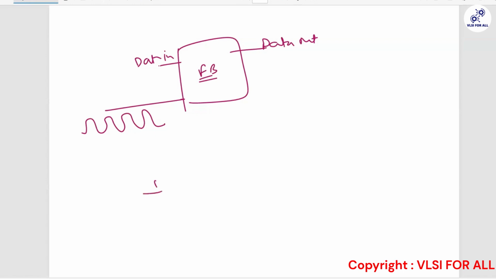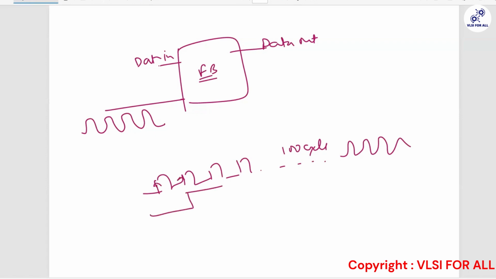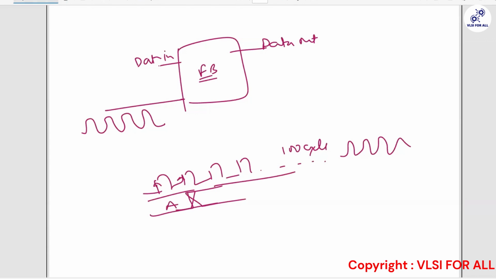So let's say I have a big clock, some 100 cycles are there, and my data toggled somewhere here, A to B, let's say.